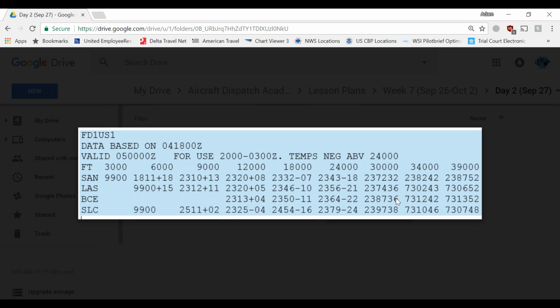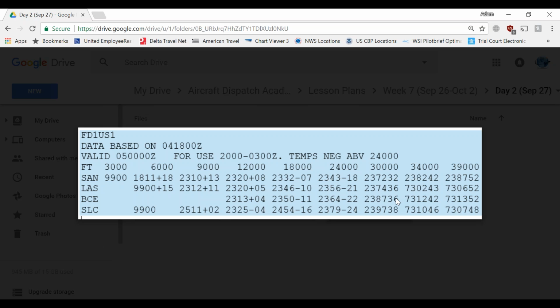That turns it into a 23, which we're fine with. That means 230 degrees. Then for the middle 2 numbers, which is the speed, you just put a 1 in front of it. So the direction is 230 and the speed is 102.